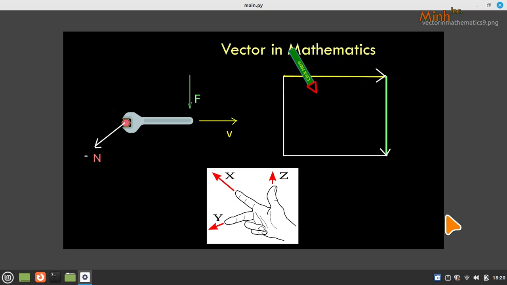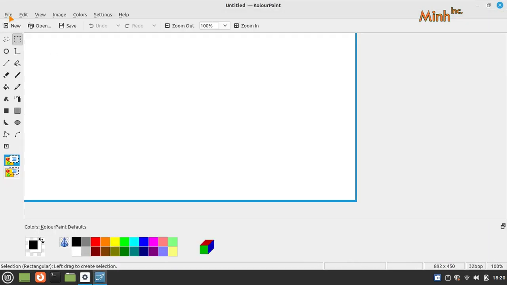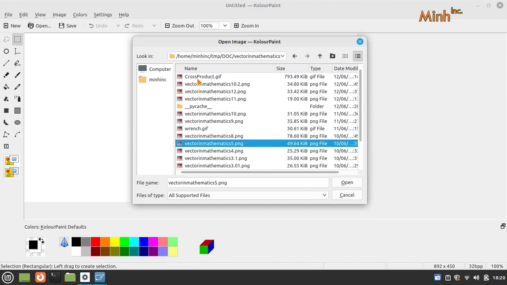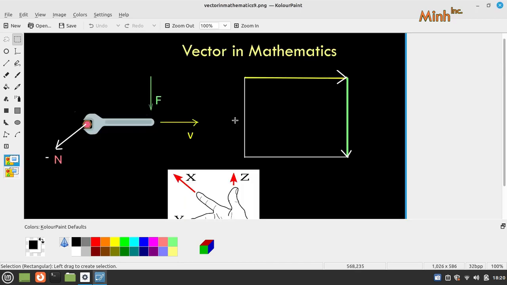So now if I apply energy like this, in this direction, okay, so if this is the F, then we are talking about the positive y-axis.